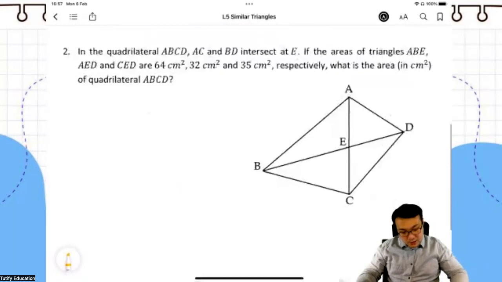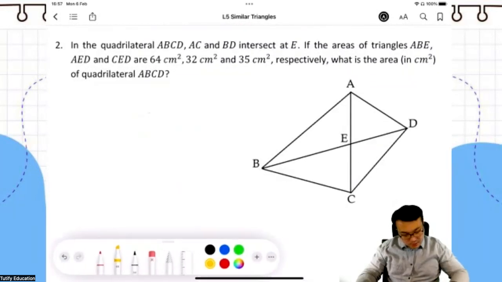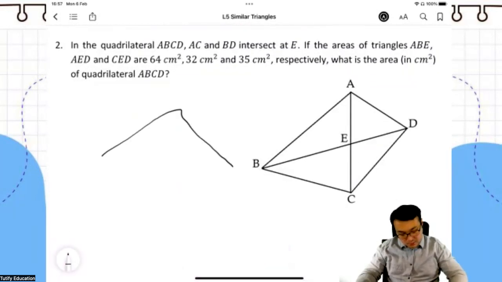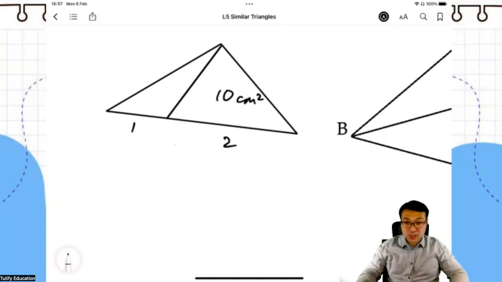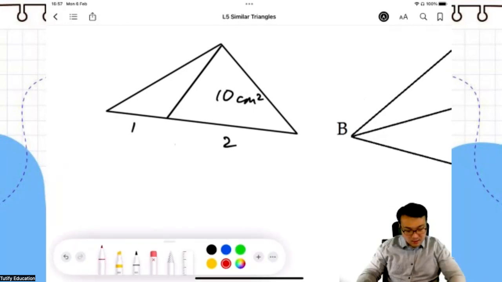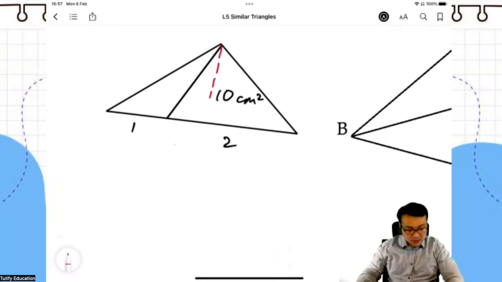Now let's look at question 2. Now remember just now, what did we learn? We learned that if we have two triangles, and let's say this is 1:2, and let's say this area is 10 cm square. So I know that they share the same height. If they share the same height, 90 degrees, I don't care that the triangle is slanted.